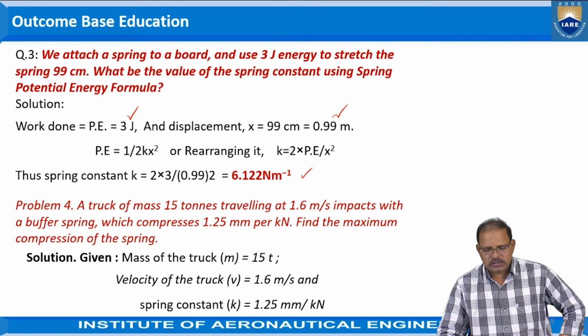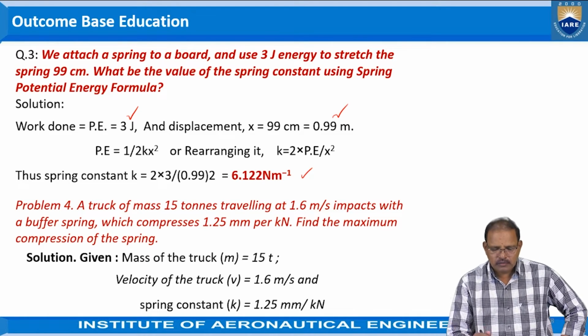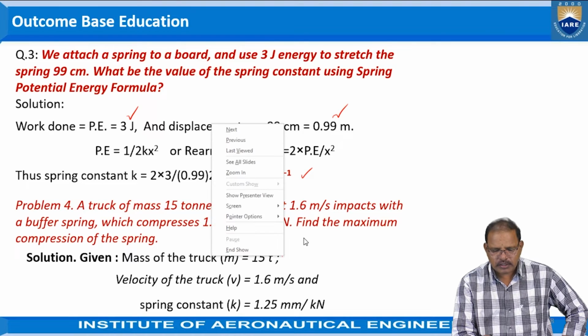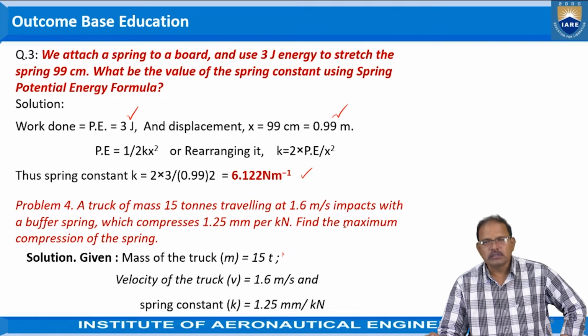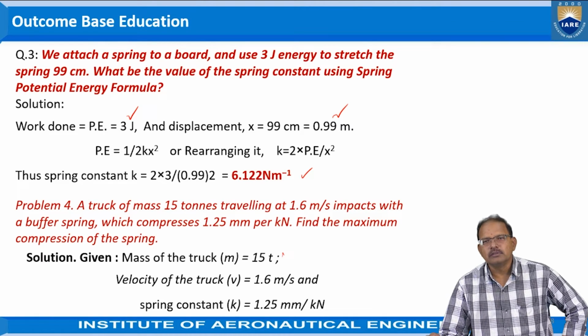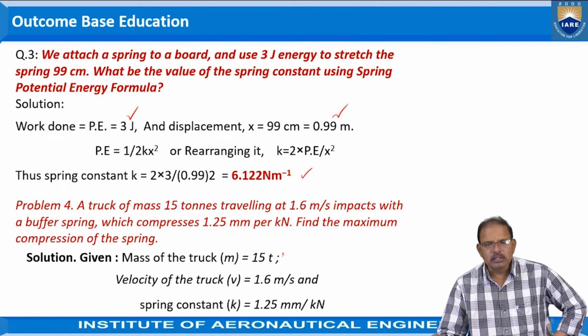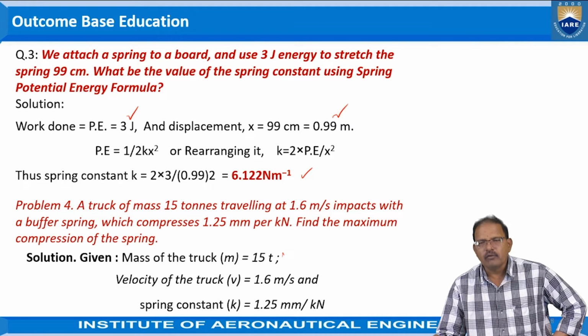The mass of the truck is given as 15 tons, m is equal to 15 tons. The velocity of the truck is given as 1.6 meters per second.